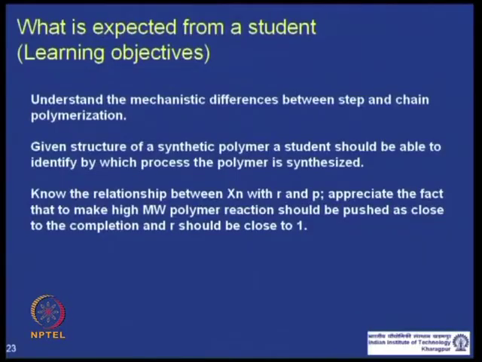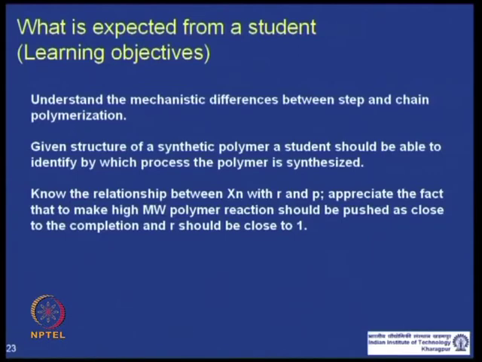You should know the relationship between X̄n, the number average degree of polymerization, with r, the stoichiometric ratio, and p, the conversion in a normal step polymerization process, by using the Carothers equation.